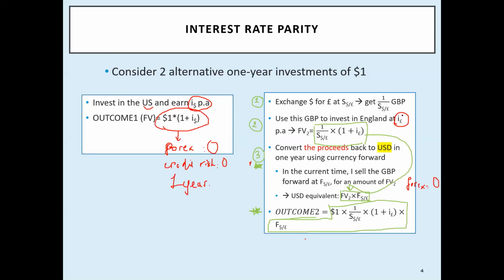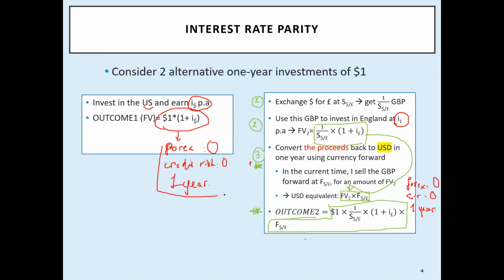So this is the risk-free rate in England. So in terms of credit risk, this should be 0 as well, okay? So here I'm assuming that both countries are very safe. So credit risk is virtually 0, okay? Because I'm investing in the government bonds. Now with the second investment, the time horizon is also 1 year.